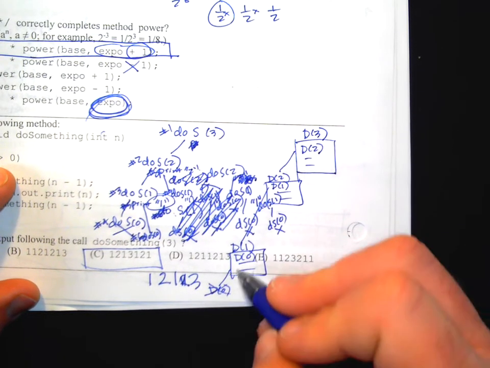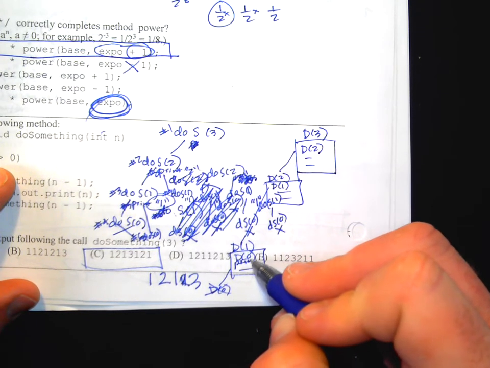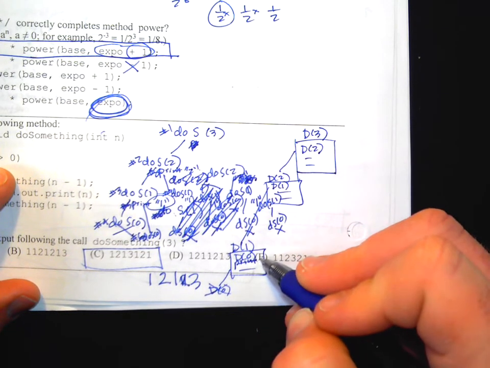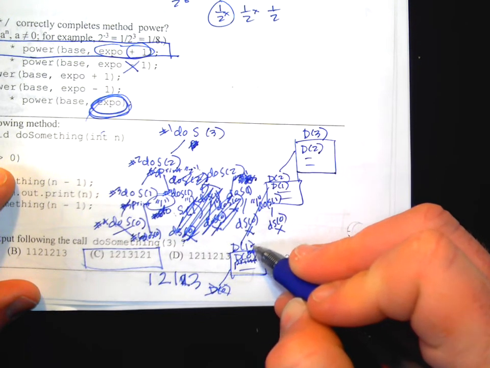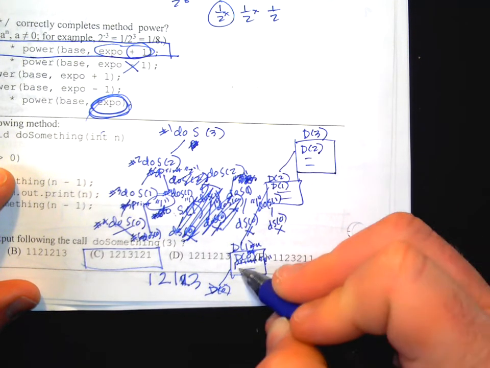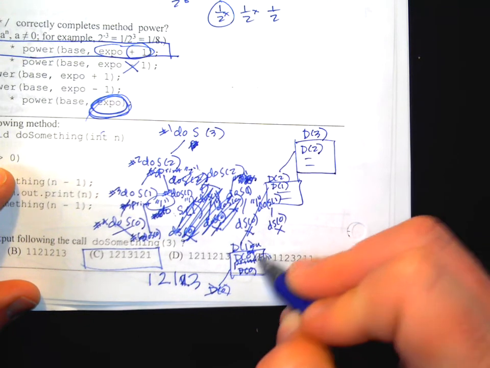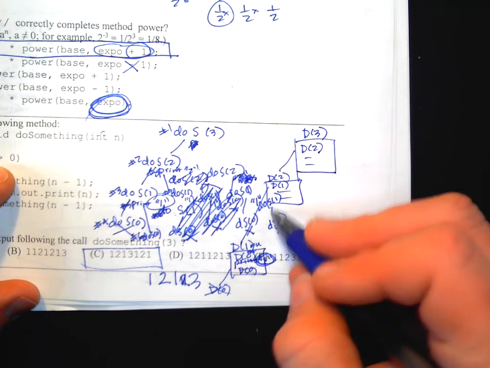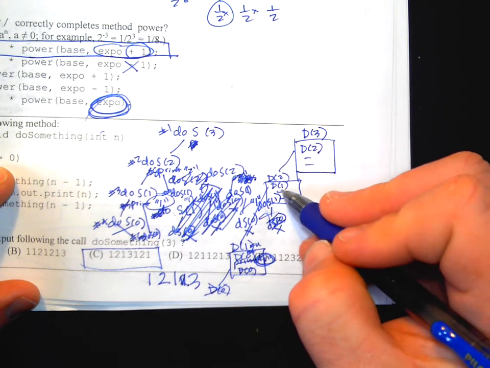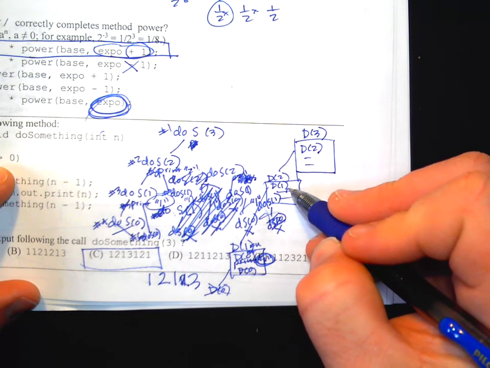So it comes back up here. It prints the 1 value, right? Because this was n minus 1. This is your n on that step. It prints out that, calls do something 0 again, doesn't do anything. So we get a 1. Then it comes back up here. It prints out the 1, or no, the 2.